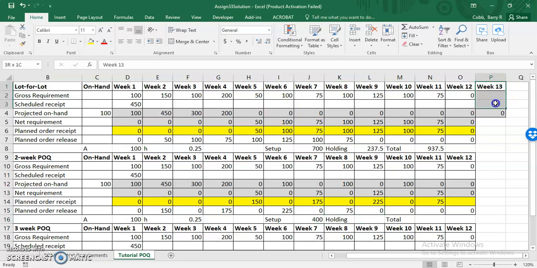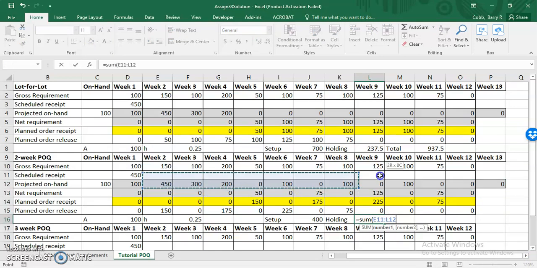We need to carry down our week 13 inventory balance. And then we see the number of units that we've held in inventory. Again, only week 2 to week 13. We can't do anything about the beginning of week 1 balance with this new plan. Times our unit holding cost.